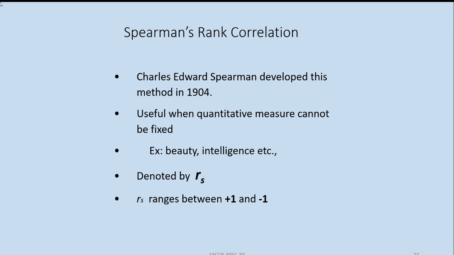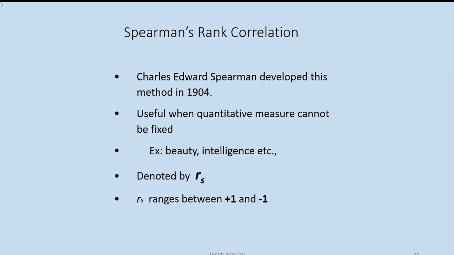Charles Edward Spearman is also a famous statistician. He developed the rank correlation in the year 1904. In the year 1904, he found out the Spearman's rank correlation, and that is useful when a quantitative measure cannot be fixed.